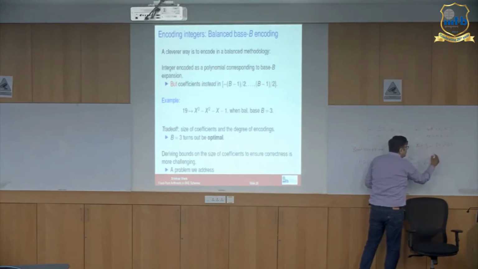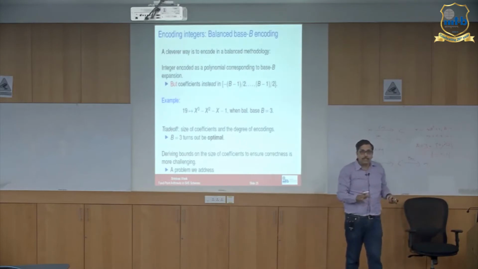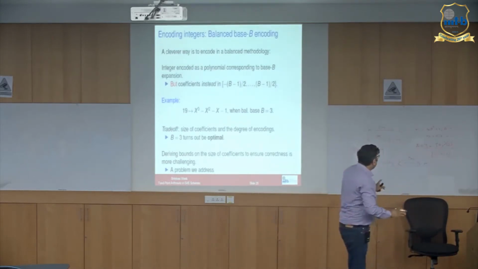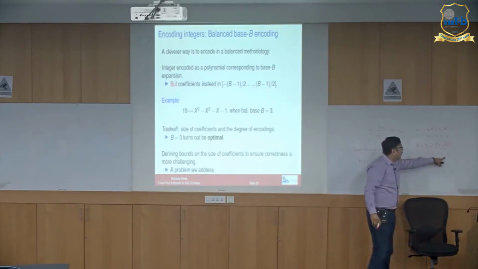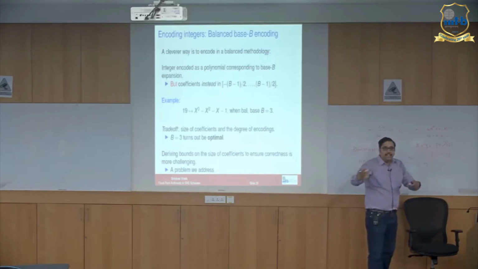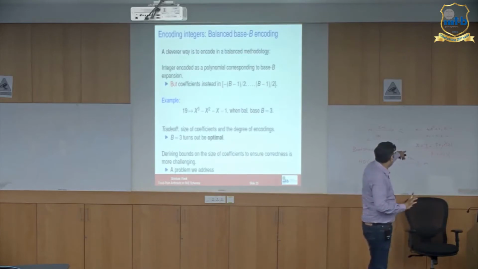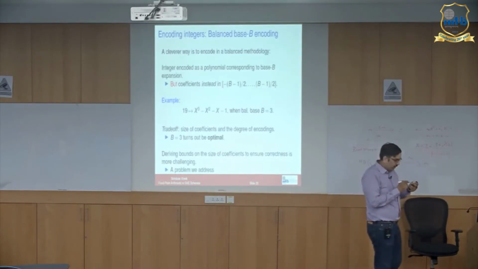Instead, we will use -1, 0, 1. This is possible. You can even allow negative digits in the base B expansion. The idea is that the moment you start with coefficients of small magnitude, the coefficients at the end of the result will be smaller. That's what we experimentally observed, so we go for this.